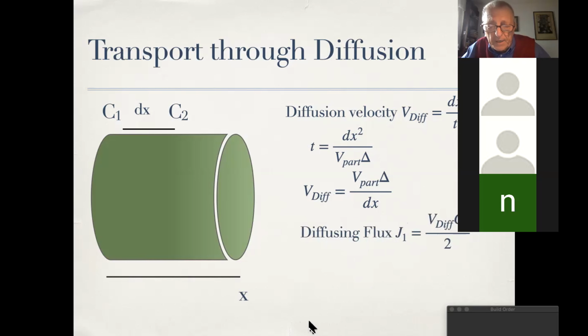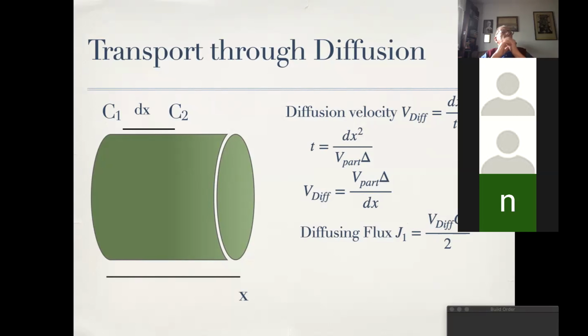All right. So we have related the diffusion velocity to the particle motion velocity. And I will now define a quantity which I call a diffusion flux.